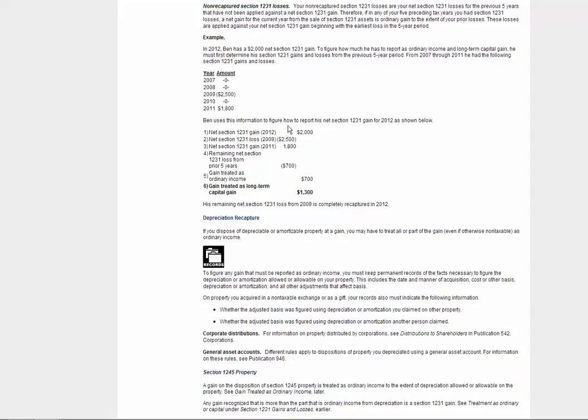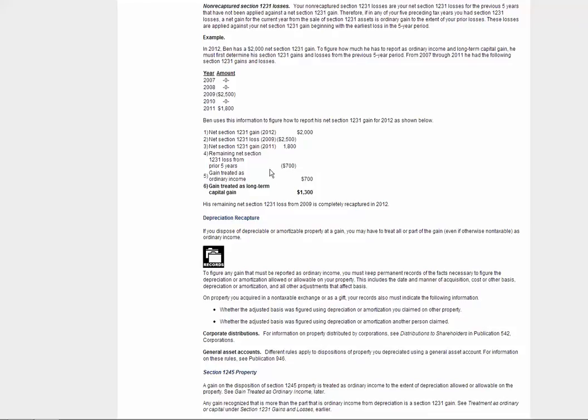So as you see, Ben has a $2,000 net Section 1231 gain. So what are we saying? That $2,000 is a long-term capital gain, which is going to be subject to the 15% tax bracket. But net $700 of this, he got an ordinary loss deduction for it.